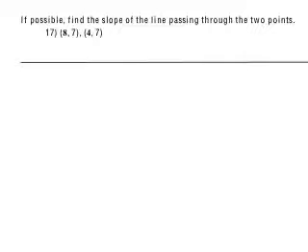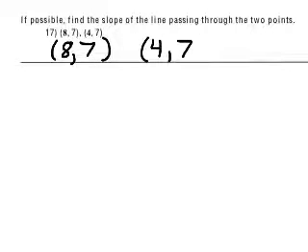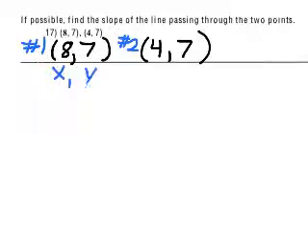Our numbers are 2 points. 8, 7. I'm going to write them big just in case it's not showing up well. And 4, 7. Alright, so we're going to decide which one is number 1, which one's number 2. I'll call this one number 1, this one number 2. So this would be x1, y1, x2, y2.